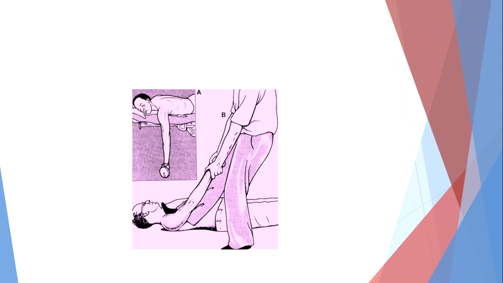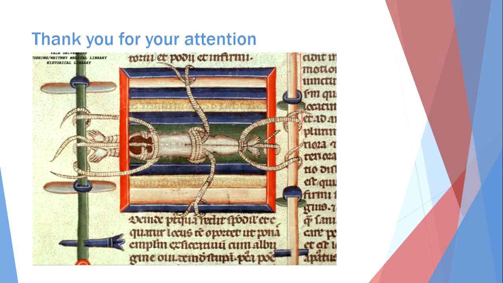Here you see, to relax the muscle, some weight is put into the hand of the patient, and then the doctor puts his foot into the armpit of the patient and pulls the hand up and down. If you think this is a very horrifying method of treatment, look at this picture.